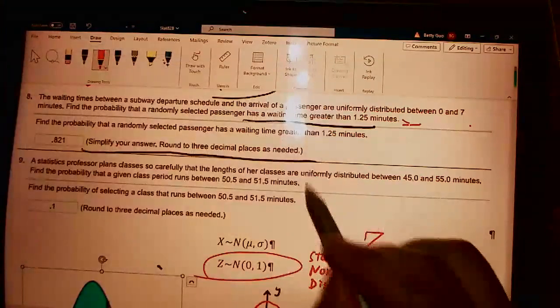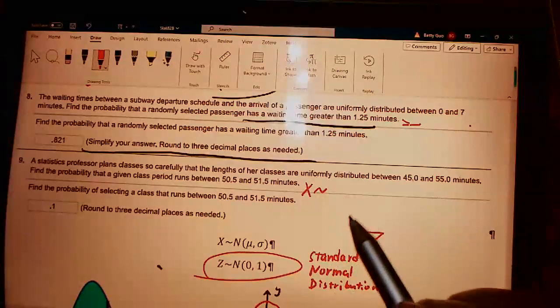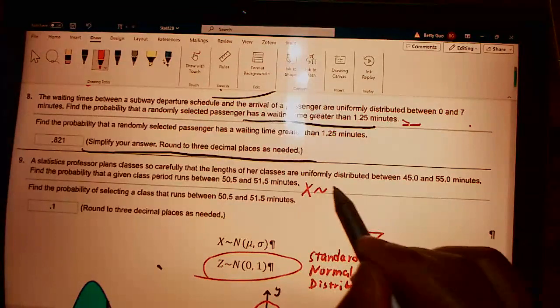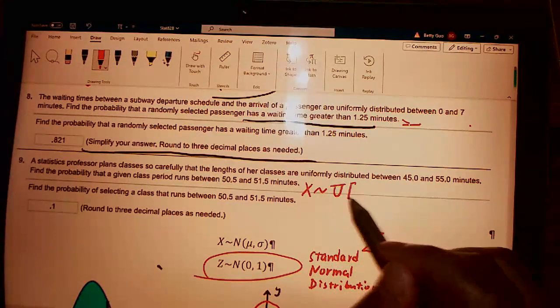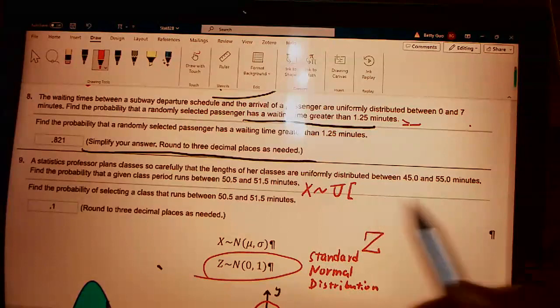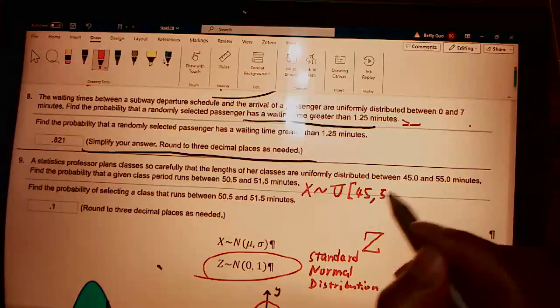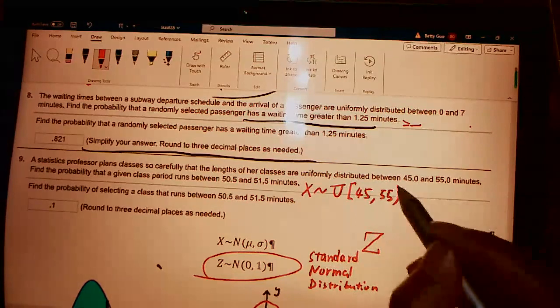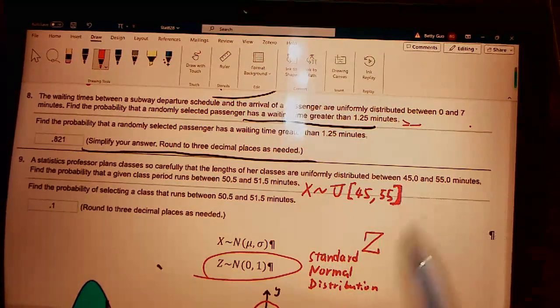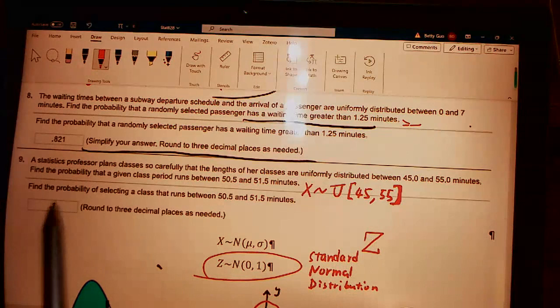So here we have a continuous random variable following a uniform distribution on the interval 45 minutes to 55 minutes. Sorry, it's closed. Some books use open. I'll explain in a minute.